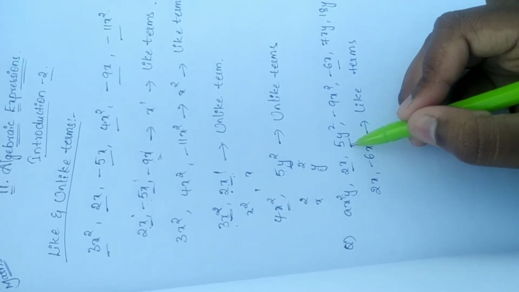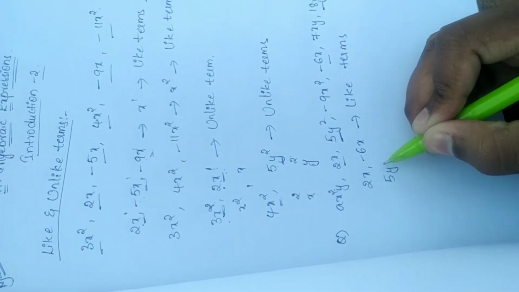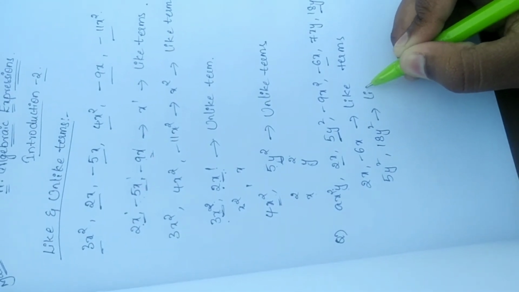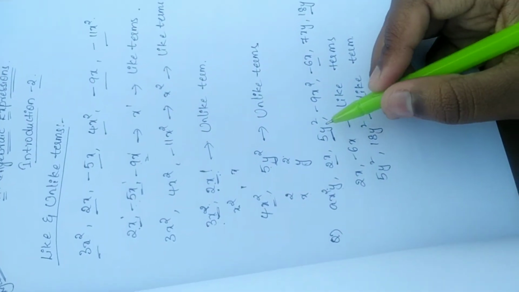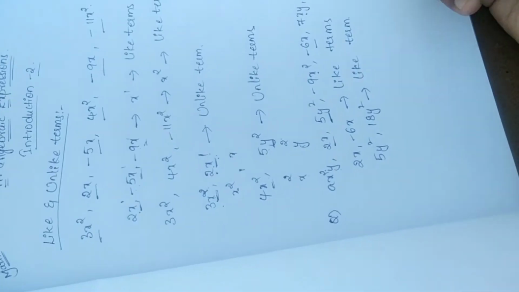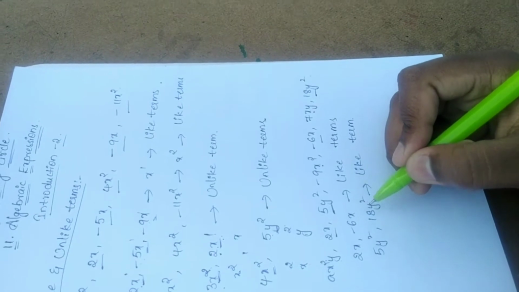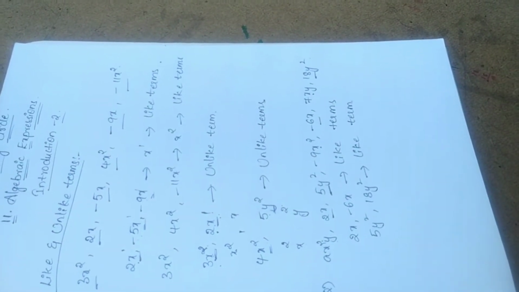Minus 5y square and 18y square are like terms, and x square no one is matching, xy no one is matching. So these two groups are like terms. The remaining all are unlike terms.